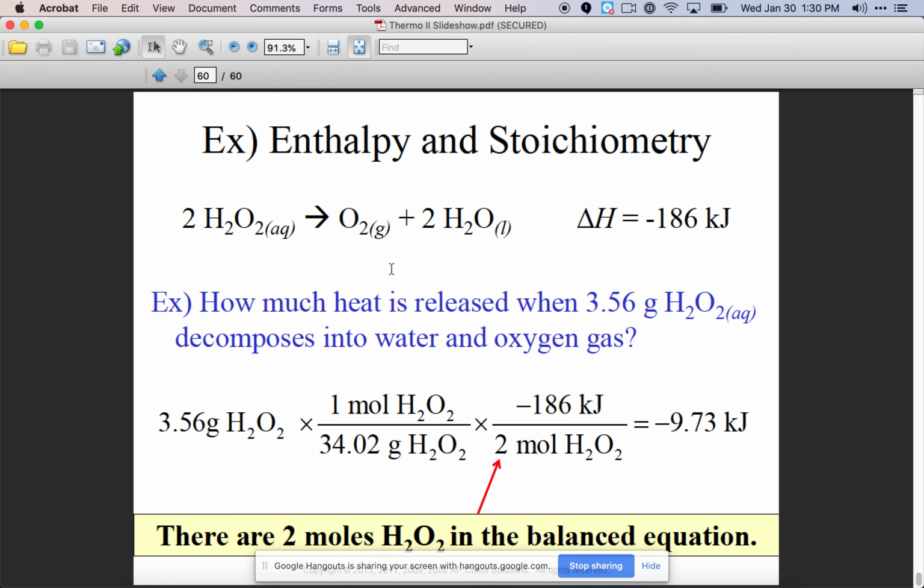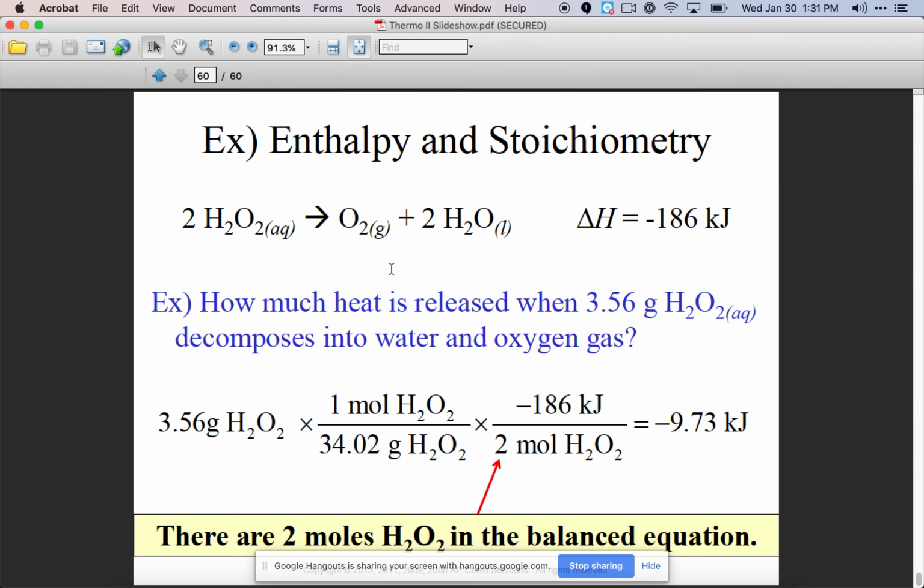Okay, so you could have a question like this where they say how much heat is released when 3.56 grams of hydrogen peroxide decomposes into water and oxygen. The first thing you want to do is convert it into moles. The other thing is you want to pay attention to the coefficients.